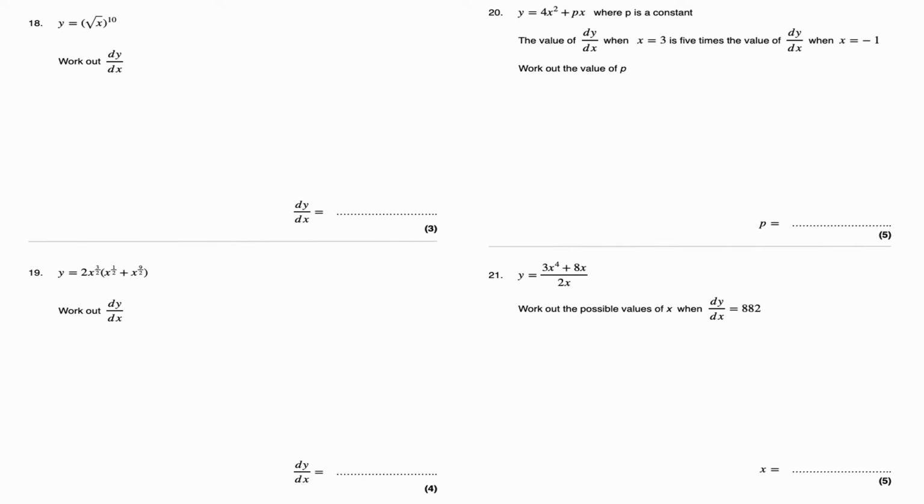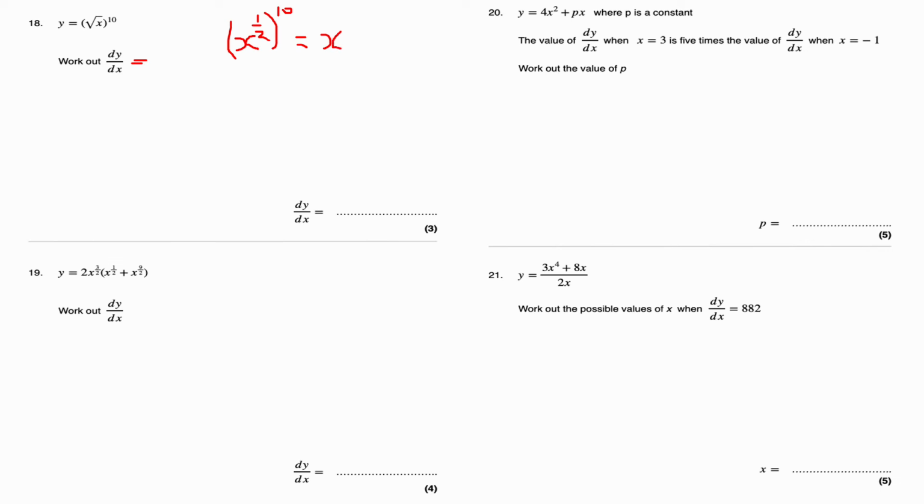Question number 18, y is equal to the square root of x all to the power of 10. Find dy by dx. Well, root x can be written as x to the power of a half. So I'm going to have x to the half all raised to the power of 10. Using the power law of indices, if I have a bracket raised to a power, I just multiply the two numbers together, and I keep the power of x in this case.